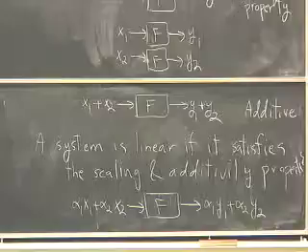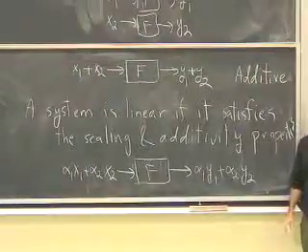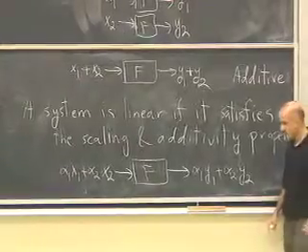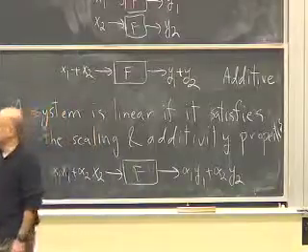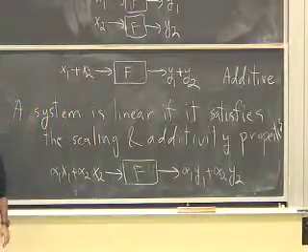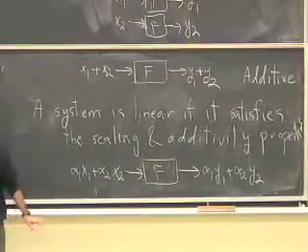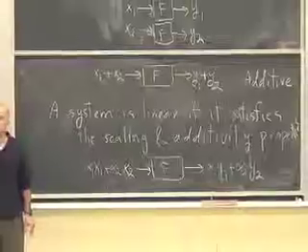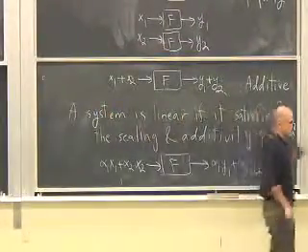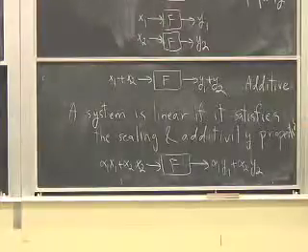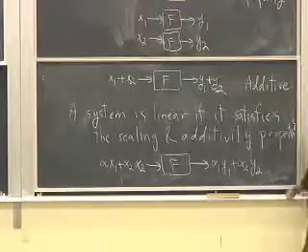It's not a very sophisticated or complicated property, but it's very useful. And there are hardly any systems in the real world that are linear. But we model them a lot of times as being linear. When you model a system as being linear, the analysis becomes much more tractable. So to the extent that your approximation is reasonable, you get reasonable results from your analysis. Let me give you an example.